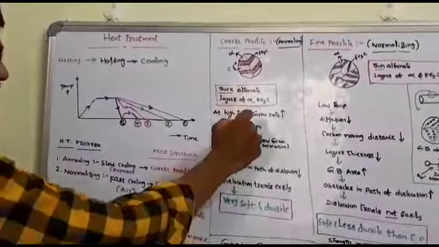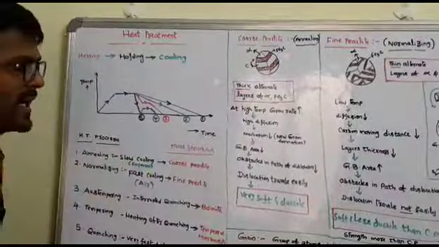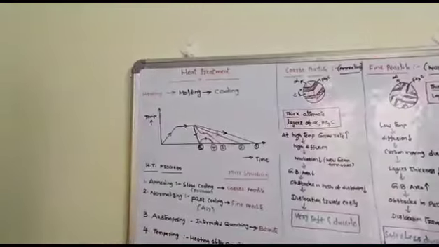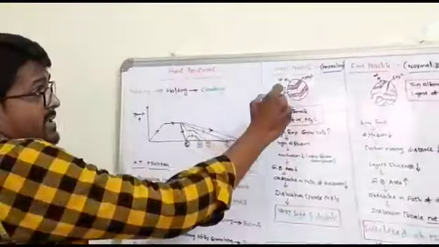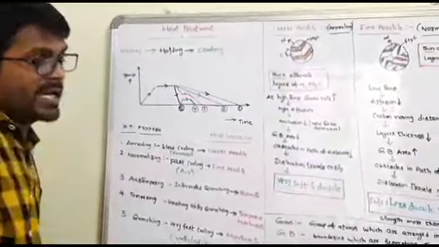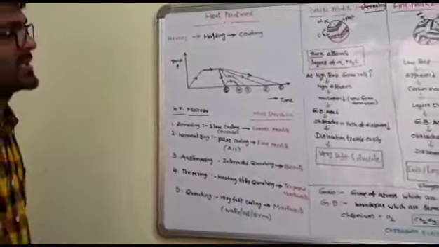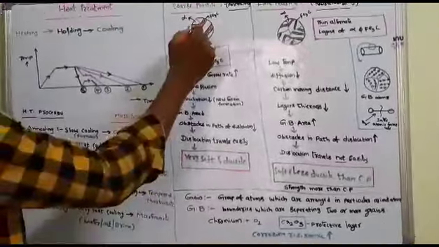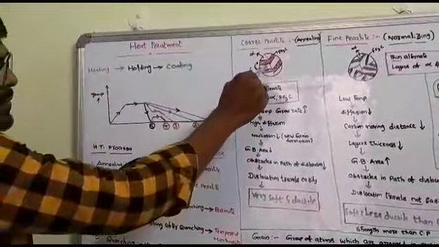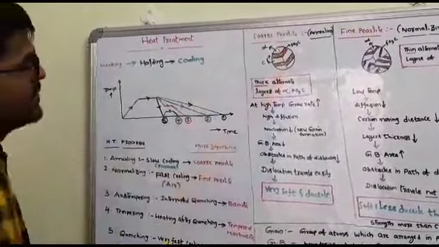At high temperature, the growth rate increases. High diffusion means new grain formation is less. Why is new grain formation less? Because carbon is moving very fast, so there is very little new grain formation. If you observe this structure, the grain boundary area is very less.